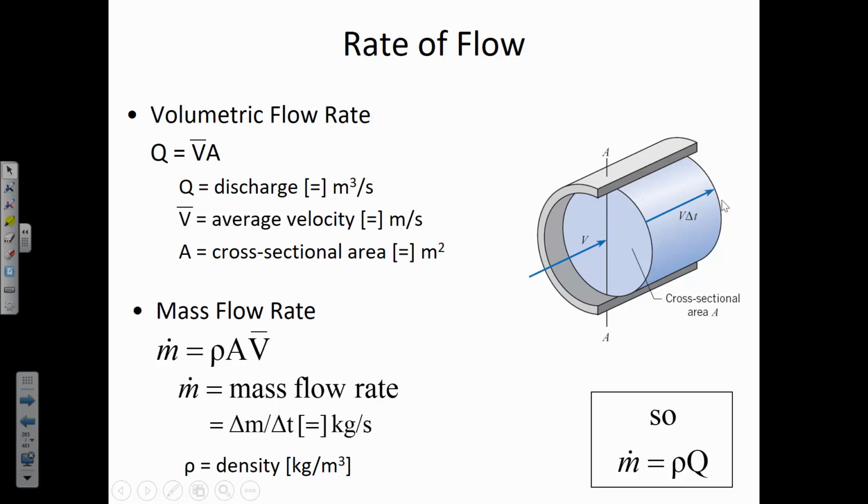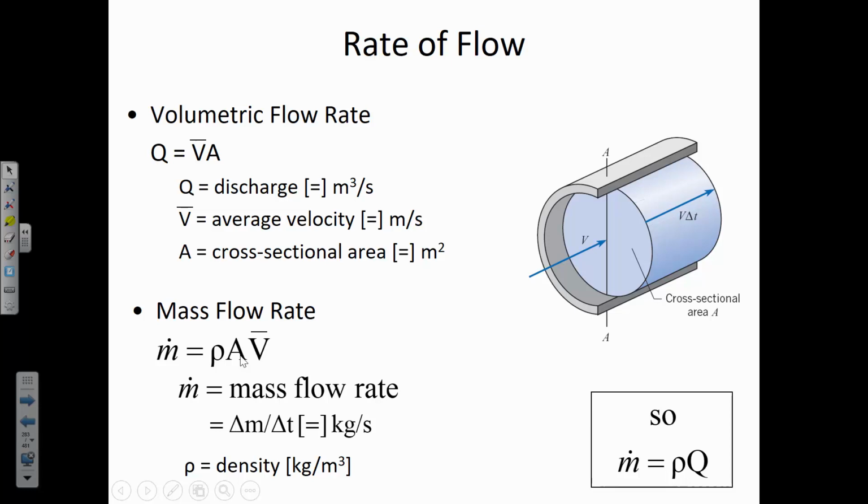And so this representation is saying, let's assume just a flat velocity profile that's representative of some average velocity across the entire area. And we can take that volumetric flow rate and turn it into a mass flow rate by simply multiplying the density of the fluid by the volumetric flow rate. If you consider the units there, we know that Q has units of cubic feet per second, or in SI it's cubic meters per second.